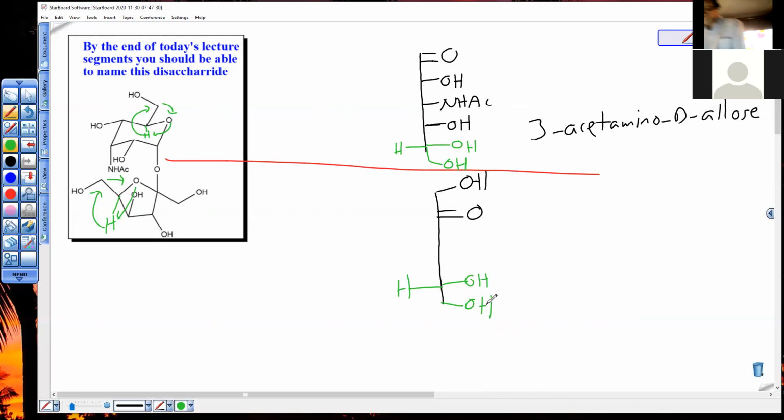And in the middle, carbon 2 is this one. Yeah, it's a ketose connected to carbon 1 of an aldose. 3, down right, up left. Down right, up left. Down right, up left.